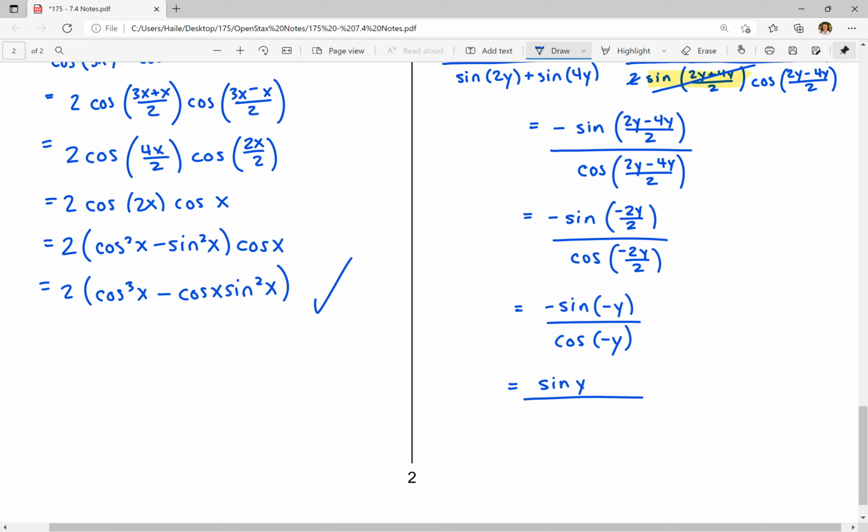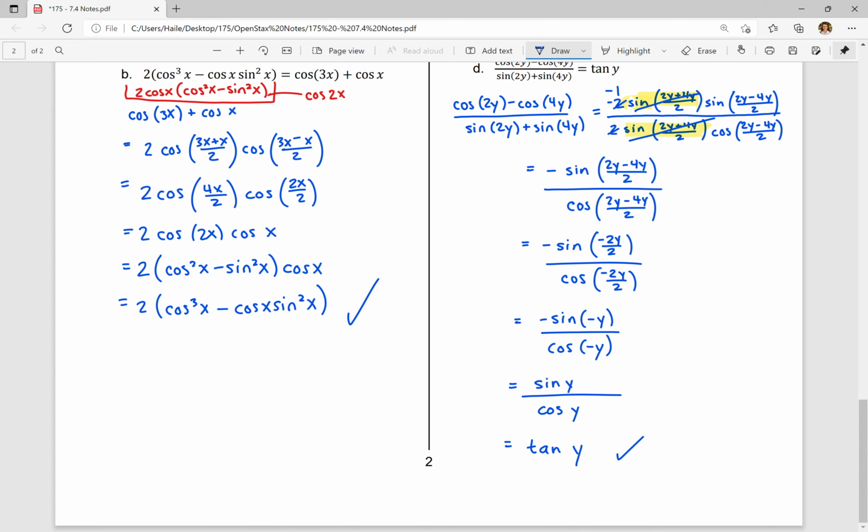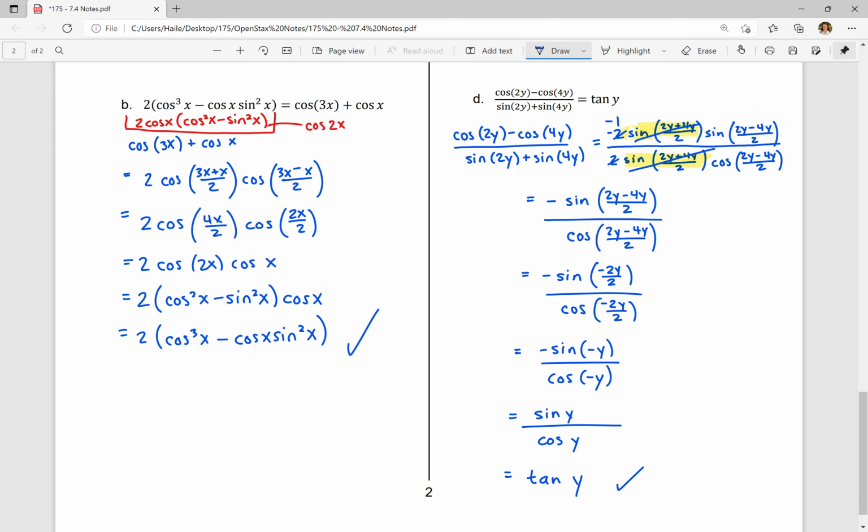So even functions, when we plug negative numbers into them, basically the negatives just disappear. So the bottom is just going to turn into cosine of positive y, which is where we want to go because remember, we wanted our final answer to be tangent of positive y. So notice now we've arrived at the right side of our identity. So that's good. So we've completed our proof. Okay, so that concludes our 7.4 lesson.